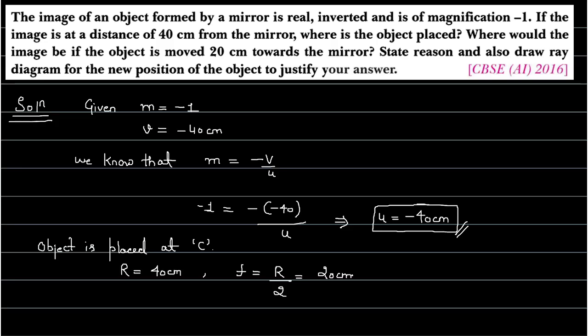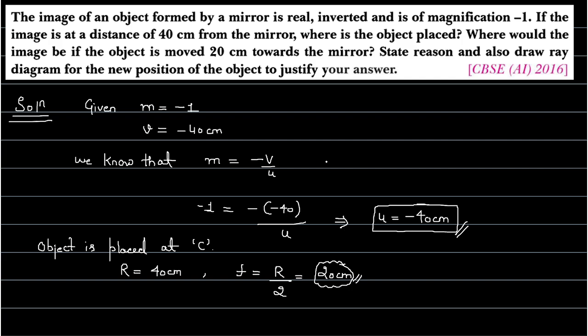Now it is asking where the image would be if the object is moved 20 centimeter towards the mirror. Initially it was at 40, that means at center of curvature. Now as you move it 20 centimeter towards the mirror, it would reach the focus. And if the object is placed at focus, the image is formed at infinity, right?